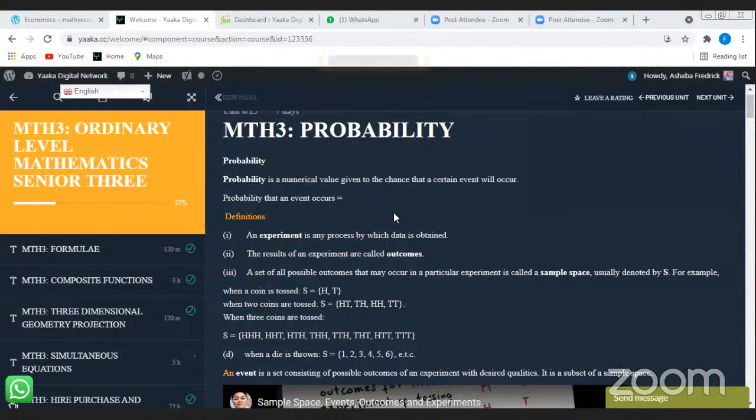Okay, so let us briefly talk about probability. We introduce it, and then you'll get time and go to this site and watch the videos that are in there. So we are saying probability is a numerical value given to the chance that a certain event will occur. So it is chance.